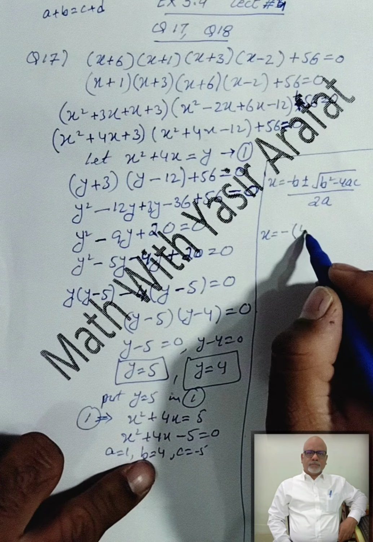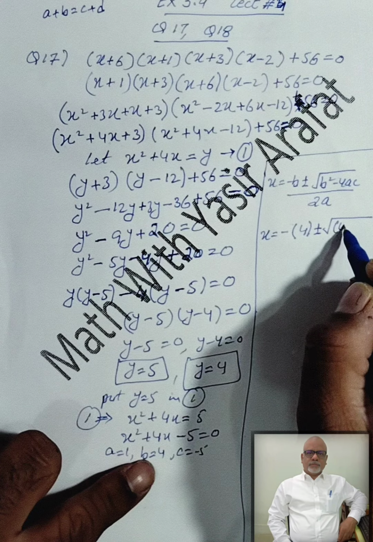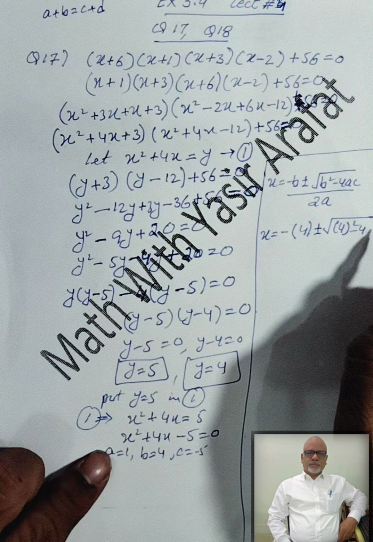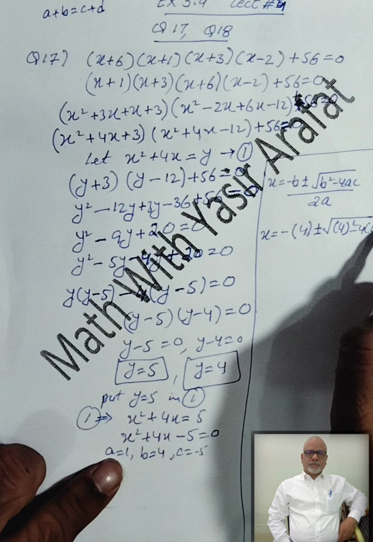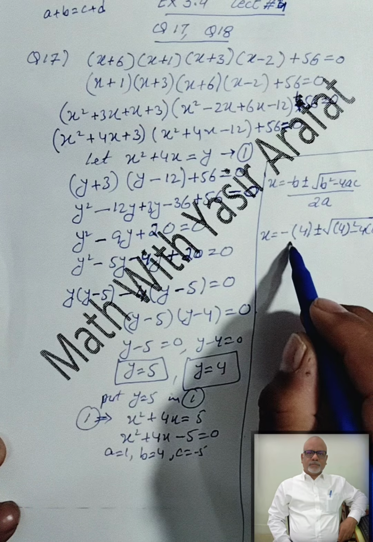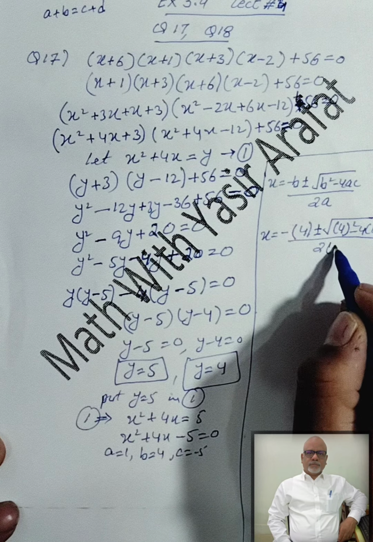So b is 4, minus 4ac, a is 1 and c is minus 5, divided by 2a, which is 2 times 1.